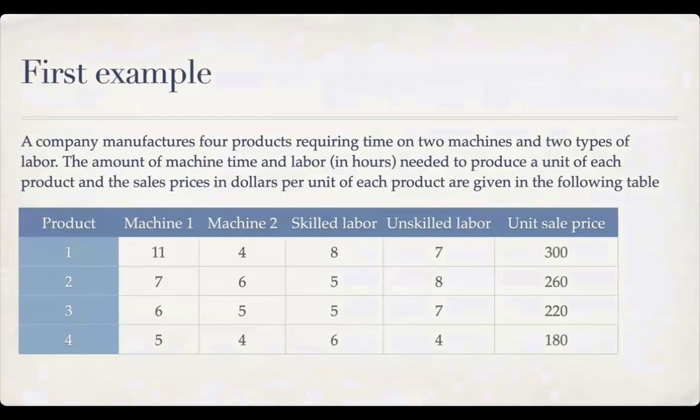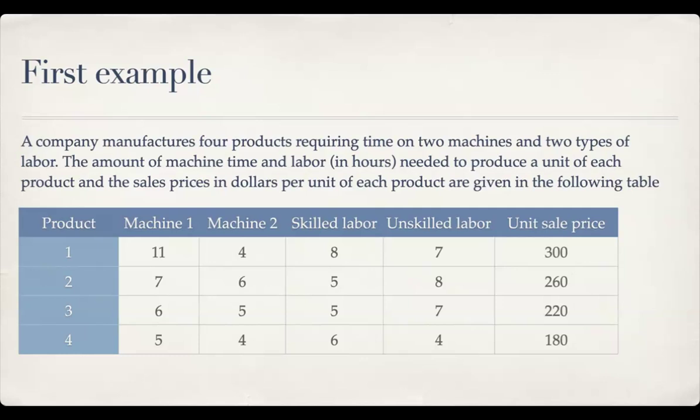In the first example, a company manufactures 4 products, let's say product 1, 2, 3, 4.